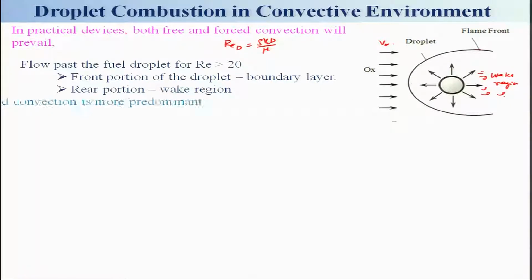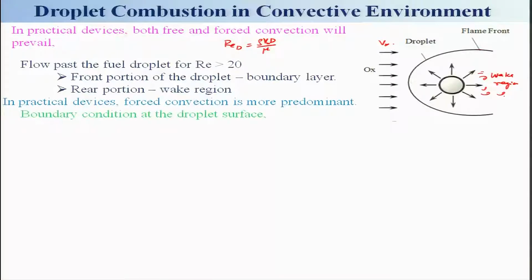What we will be looking at is basically the practical devices where forced convection is more predominant. We will be looking at the boundary condition and trying to estimate those things by applying the boundary condition at the droplet surface.